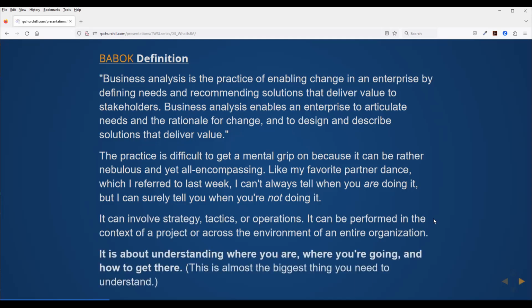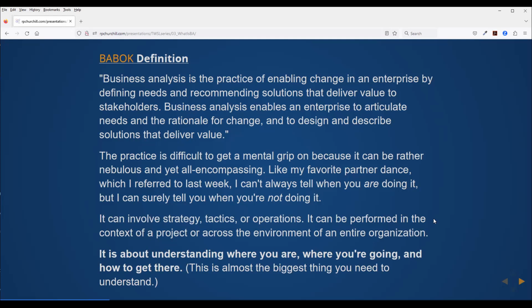It's about understanding where you are, where you're going, and how to get there. And in the end, it's about stuff that moves. It's about trying to solve problems. And this is really the biggest thing: you're trying to affect change in some beneficial way.